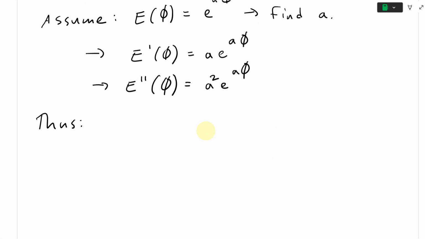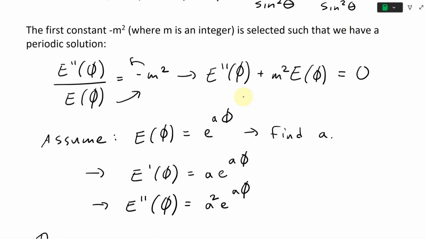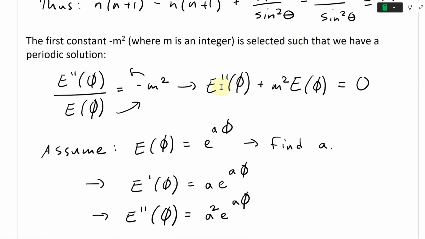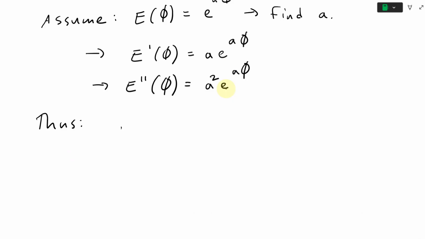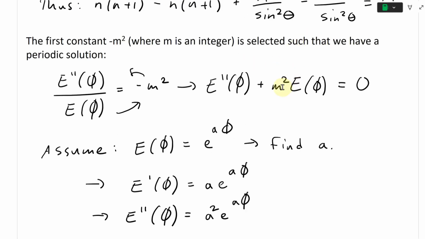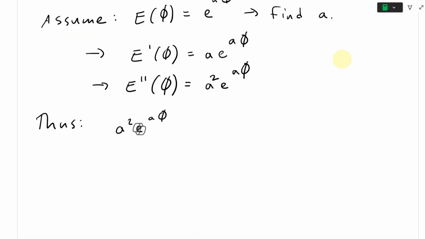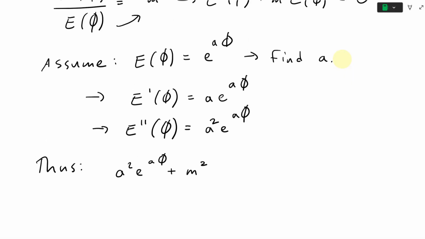So thus, what we get now is, we'll take this entire thing. E double prime of phi equals a squared e to the a phi, and then this one here, plus m squared E of phi equals 0. So m squared e to the a phi equals 0.